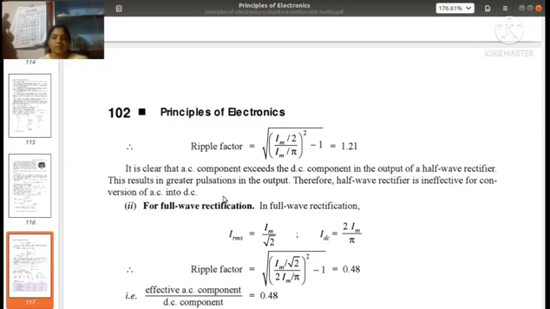Okay, so this is about half wave rectifier, its working and its disadvantages, its efficiency and ripple factor. Okay, thank you.